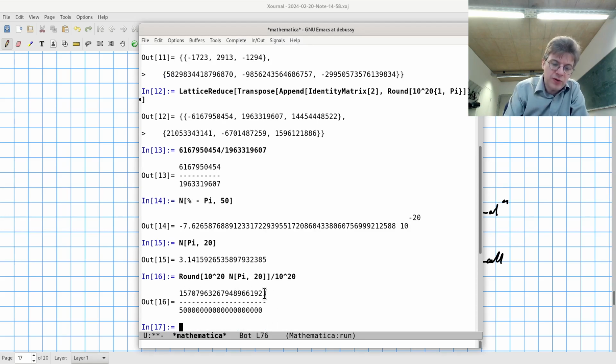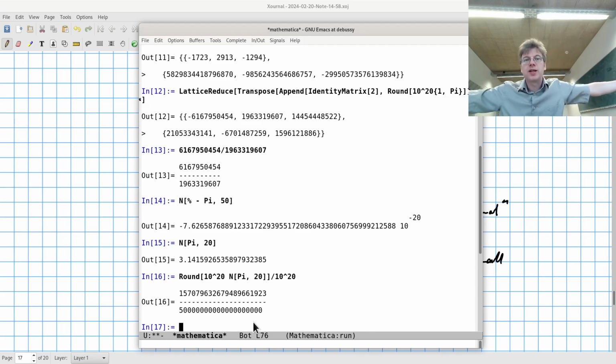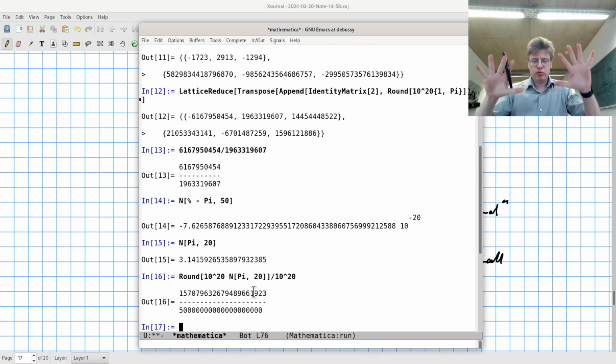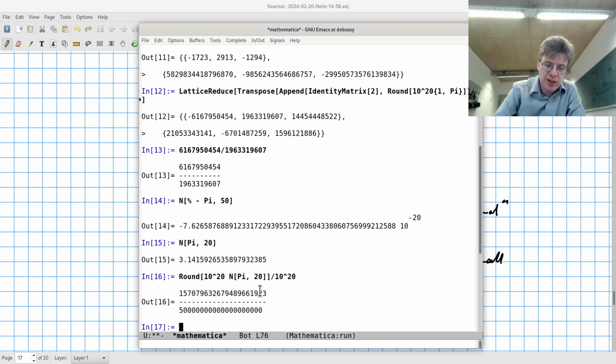And since all the information is in the numerator, you need a very long numerator that has as many digits as you have information to provide. And the denominator doesn't know anything except of how big it is, but it doesn't know any details. What LLL does is it distributes equally, roughly, the information that is here only in the numerator, and it distributes it between numerator and denominator. So that's why here you have roughly 10 digits here and roughly 10 digits here.